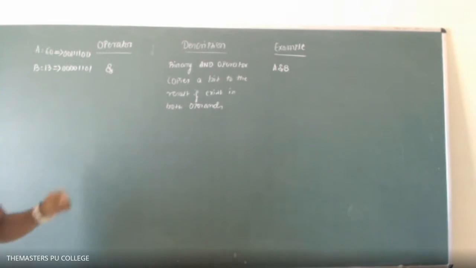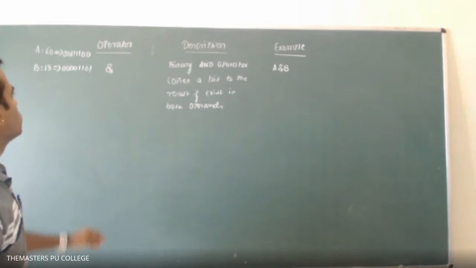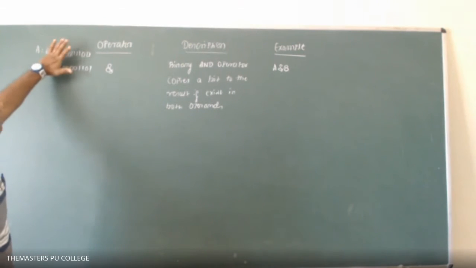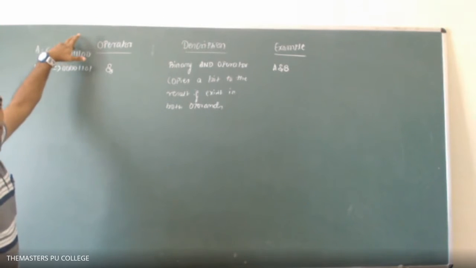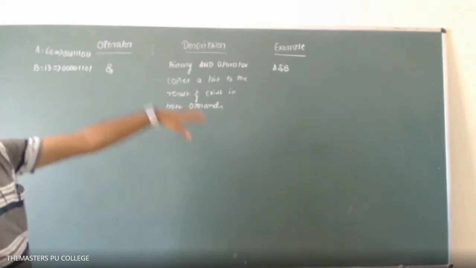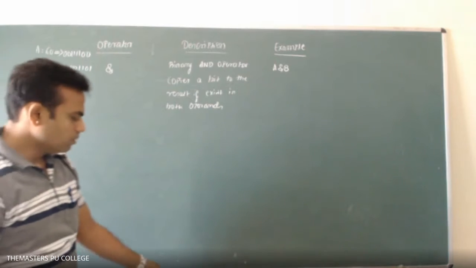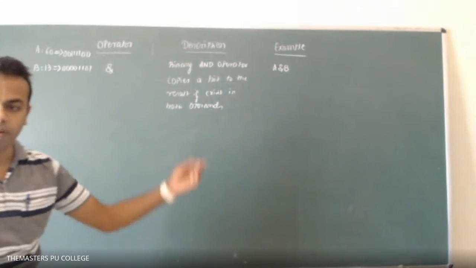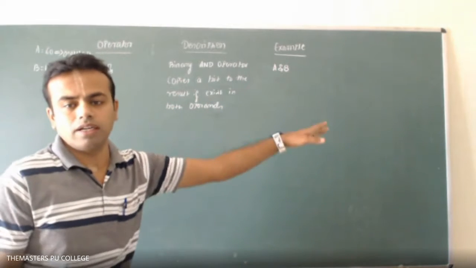Consider A and B, 60 and 13. We have converted these into binary numbers. Perform the AND operation. Perform that operation and then convert the result into a decimal number.